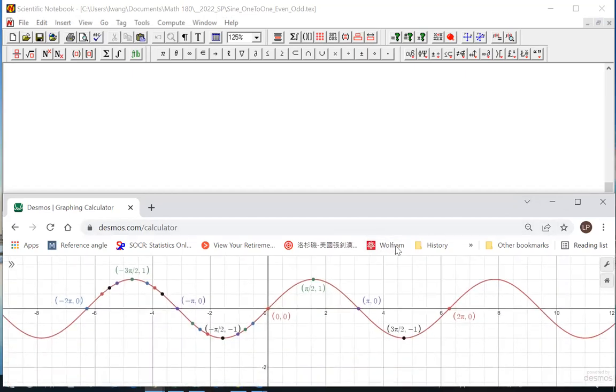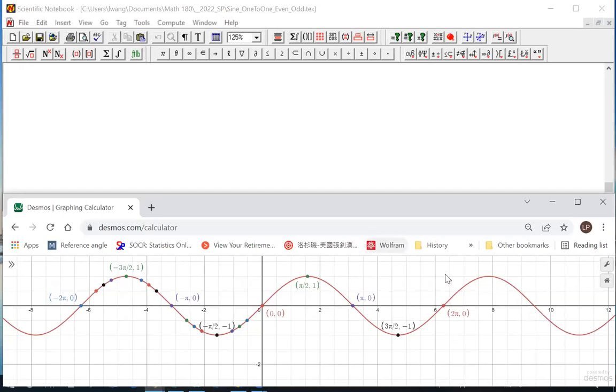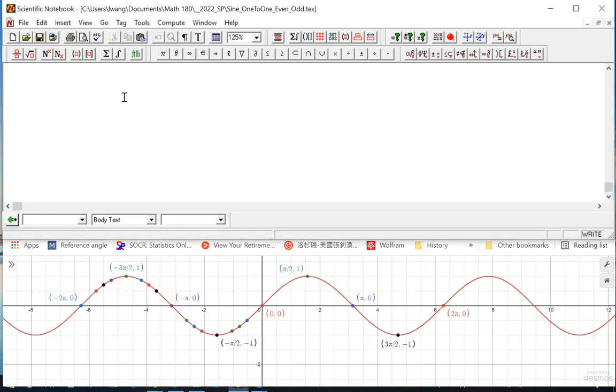So I'm going to write it down: the description using math language about increasing and decreasing.